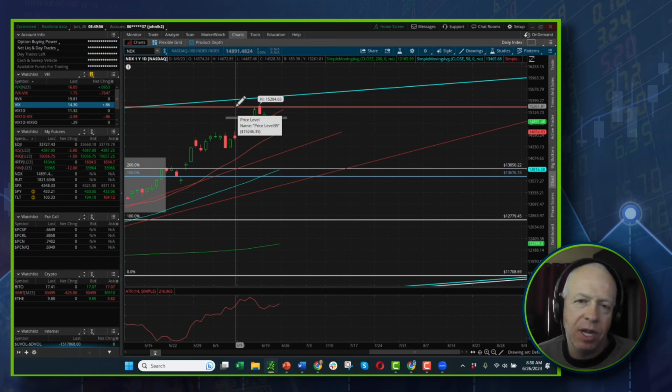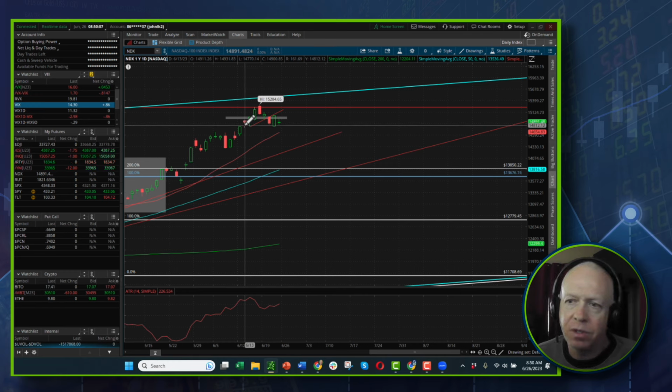We'll call it 800 to 300. That is 500 points. This bounce here, 30% of 500 points is almost 200 points. That puts us at around 15,000.